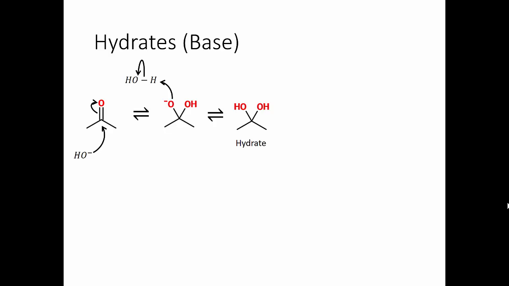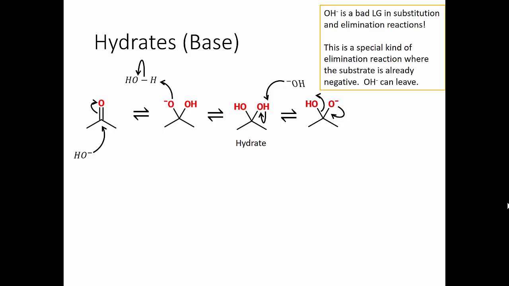The hydrate can also be reversed in the base. The base, in this case hydroxide, can grab a proton from one of the alcohols, creating an alkoxide ion, and the electrons from the alkoxide can move into the single bond to create a double bond, eliminating the other alcohol.